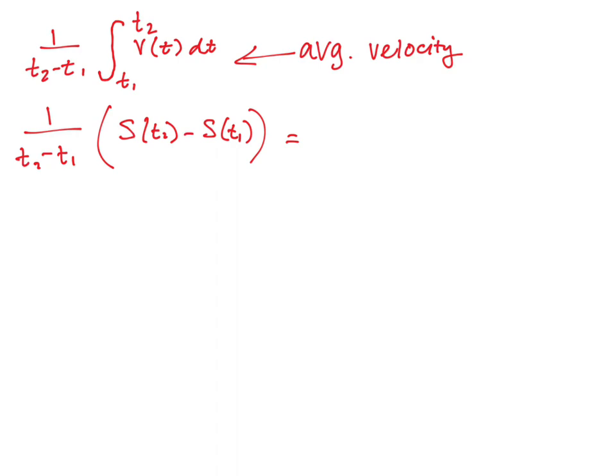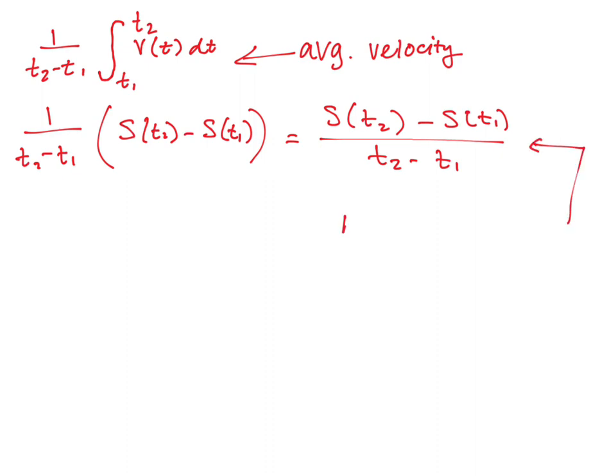So this ends up being s of t2 minus s of t1 over t2 minus t1. Hey, that looks like how we found slope. Average slope. There's your average slope. Average rate of change.